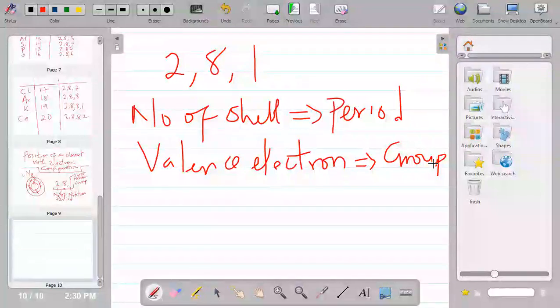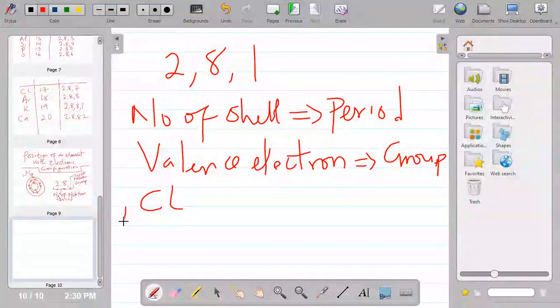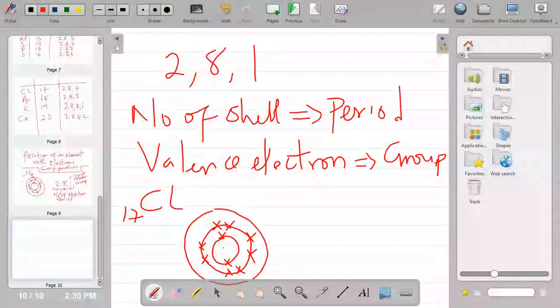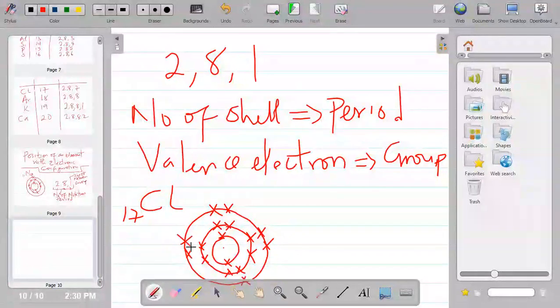So let us take chlorine as an example again. Chlorine is an element that has the atomic number 17. For its atomic structure, we have 1, 2, 3, 4, 5, 6, 7, 8. And lastly, we have 1, 2, 3, 4, 5, 6, 7.